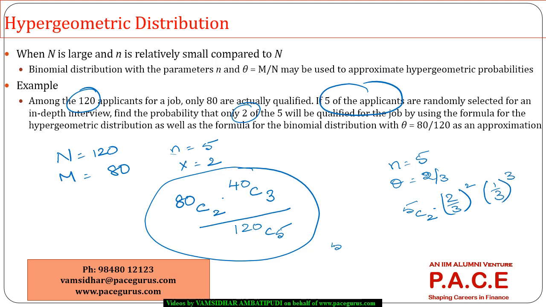So this works out as 10 into 4 by 9 into 1 by 27. So 40 by 243 is the probability here. Both of them should be approximately equal, because in this case capital N is very large, 120, small n is only 5. So I can very well go with an approximation of the binomial distribution to solve problems of this kind.